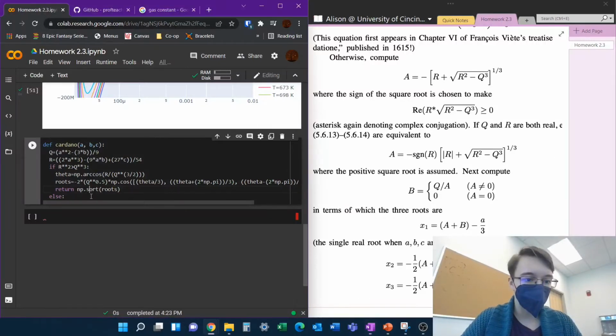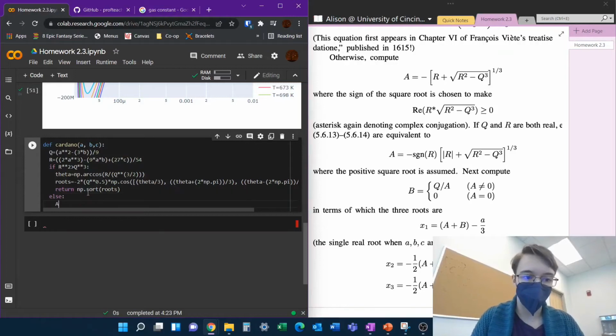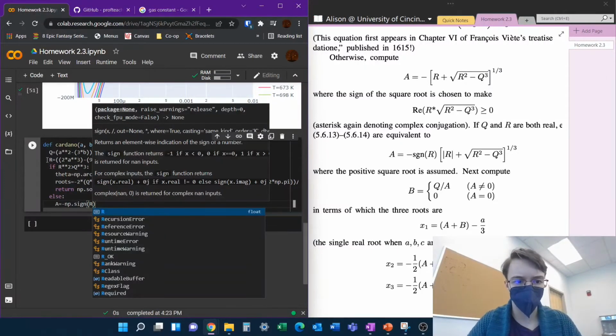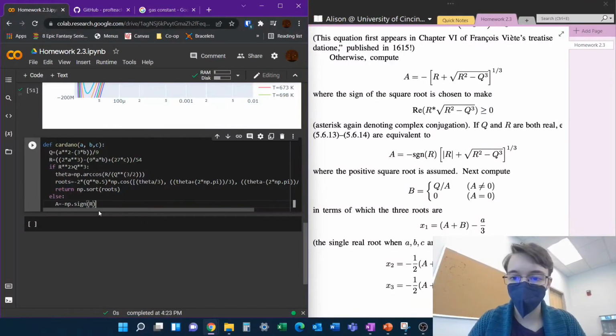So we need to start with defining what a is. We're going to have a is equal to the negative, and then the sign function, np dot sign of r. So that's just going to take the sign of r and use that.